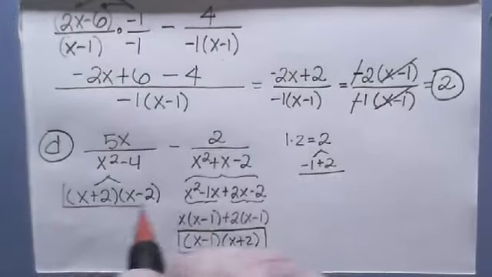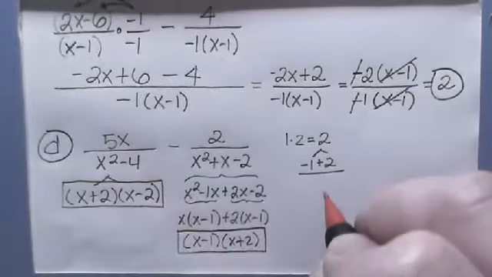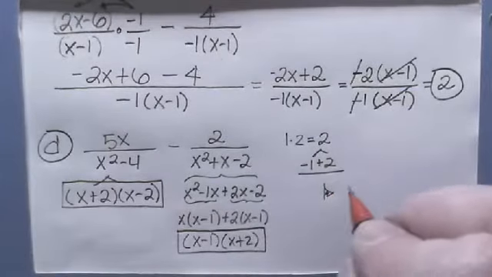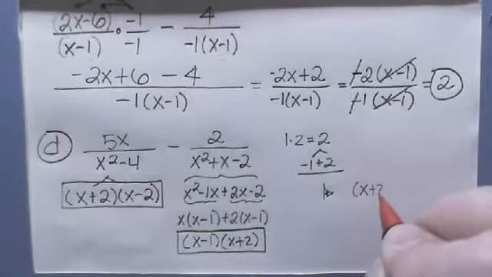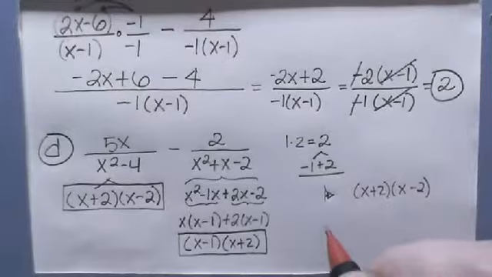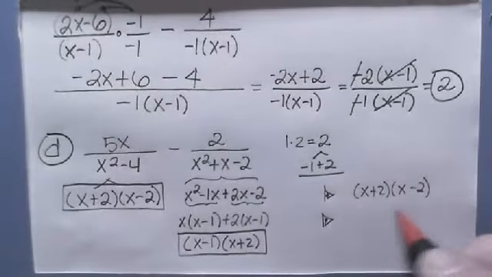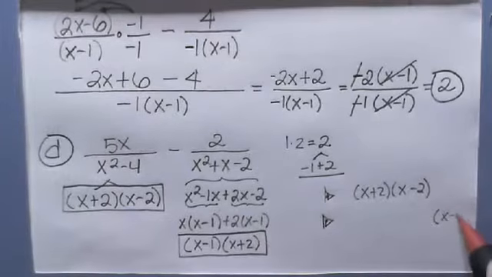So that means all I did so far is to factor both denominators. Okay, and I came up with this. Let's now line up. First denominator will be x plus 2, x minus 2. Second denominator is going to be, I don't have x minus 1, I'm going to line up over here.